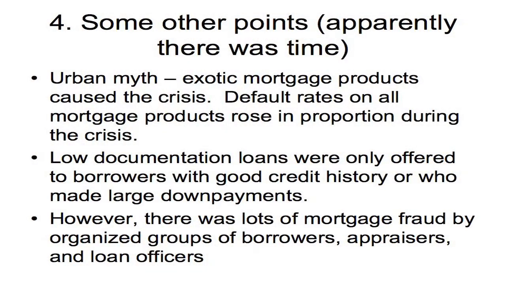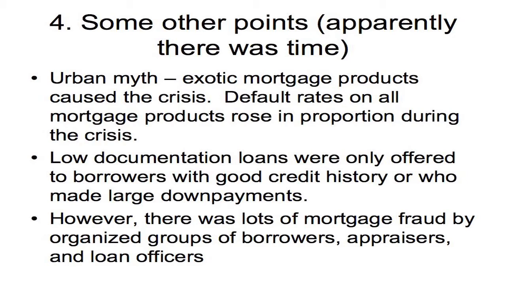Okay, I'll go on to some other points here. Urban myth: exotic mortgage products caused the crisis. The fact is, default rates on all mortgage products just rose in proportion during the crisis. This is not about exotic mortgage products.